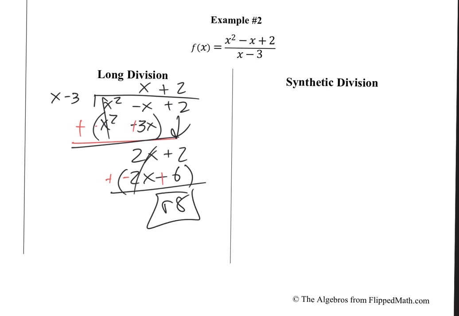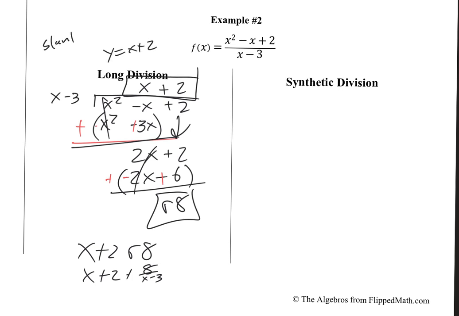And if I was to actually write this as an answer, it would be x plus 2 remainder 8, or x plus 2 plus 8 over x minus 3. But again, we don't care about that. We just care about this. So the slant asymptote for f of x here would be y equals x plus 2. That would be the slant asymptote. Sure hope I'm spelling that right.